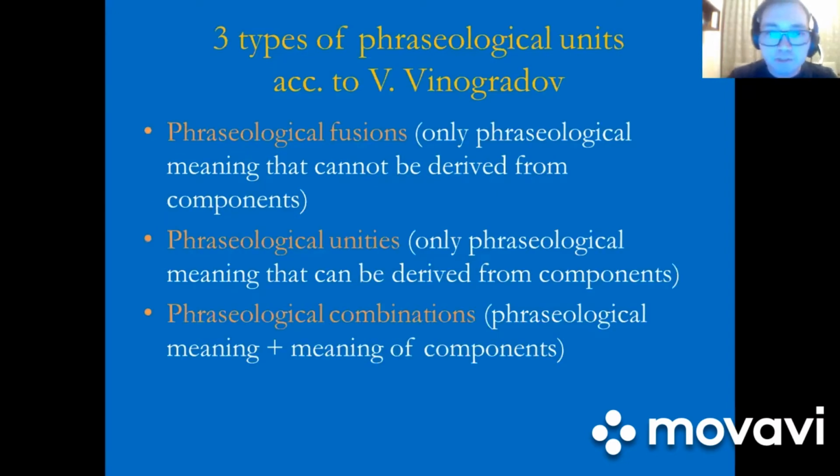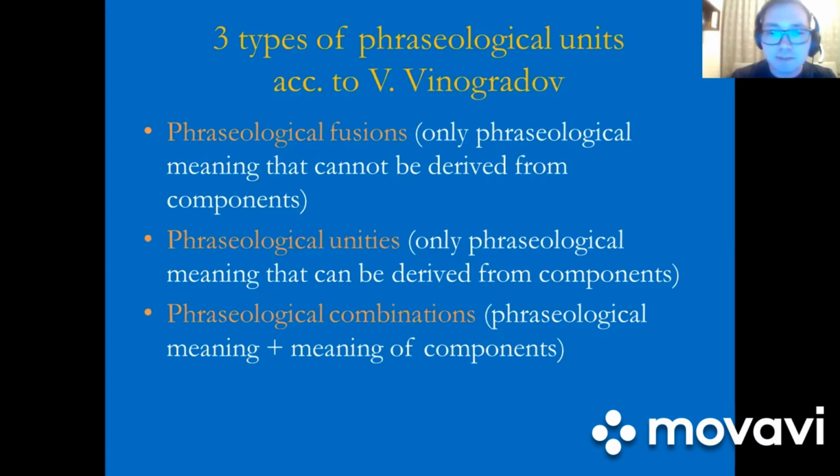According to Vinogradov, there are three types of phraseological units: phraseological fusions, phraseological unities, and phraseological combinations. So what is the difference between them? The first type, phraseological fusions, represent the expressions that have only phraseological meaning, which cannot be derived from the inner components.